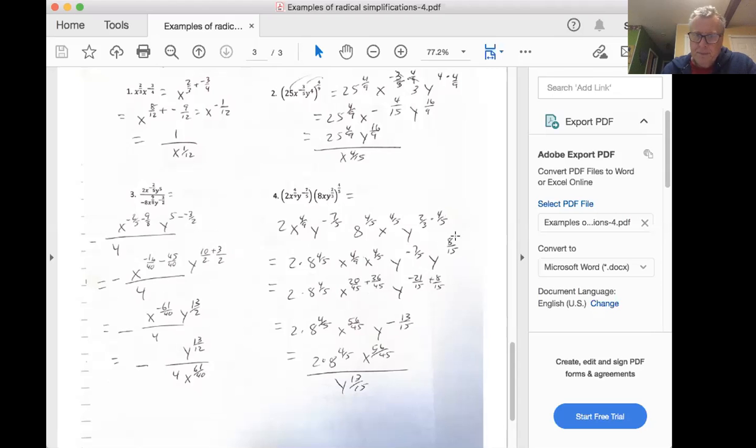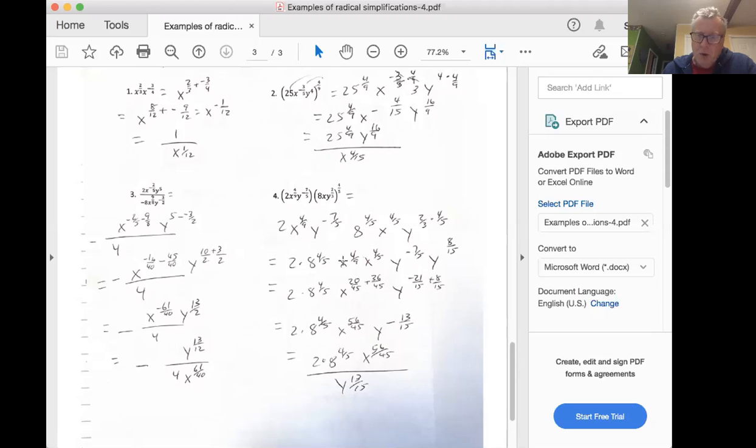Okay. The other set of parentheses doesn't have any exponent outside here, so we can just drop it. So that's where this 2x to the 4/9, y to the minus 7/5 come from. That's from the first set of parentheses. We just dropped them because there's no exponent to move in. So we'll group the coefficients together, the 2 and the 8 times 4/5.